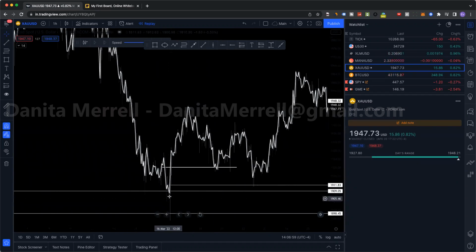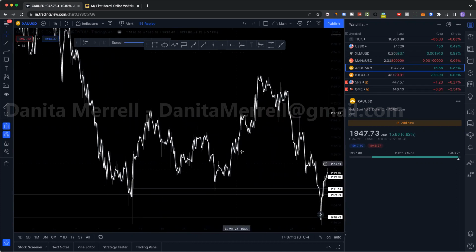So H1 moves up. We understand that at this level, it had broken out of H4. So I can take my buy at H1. And then we obviously get this pretty nice move after that.